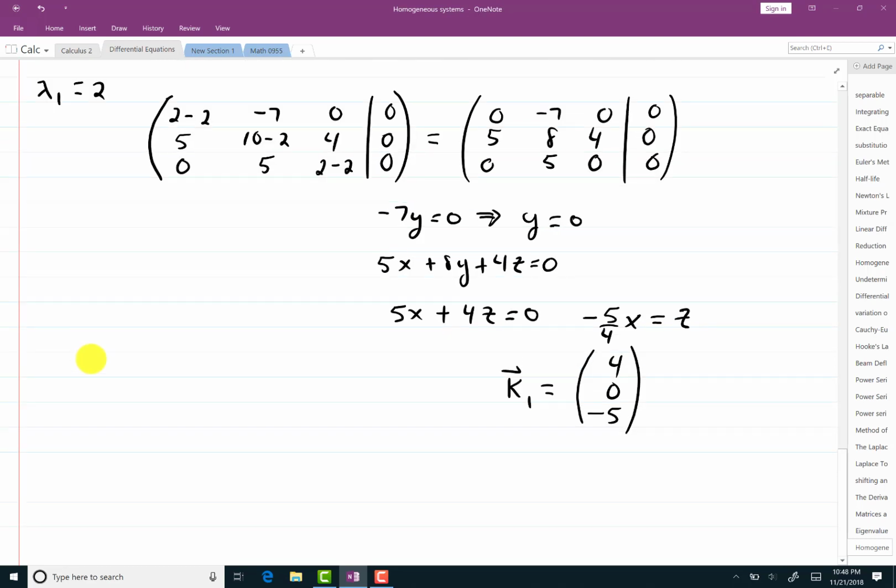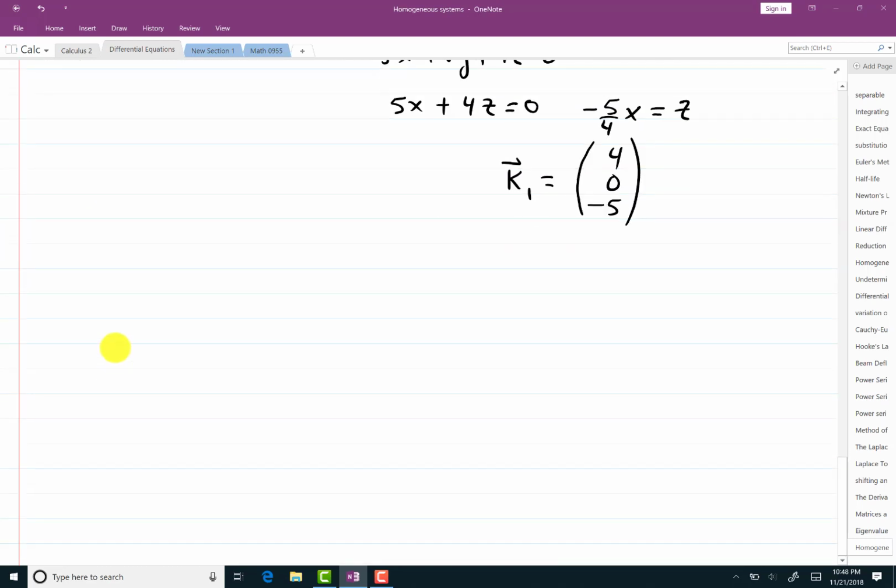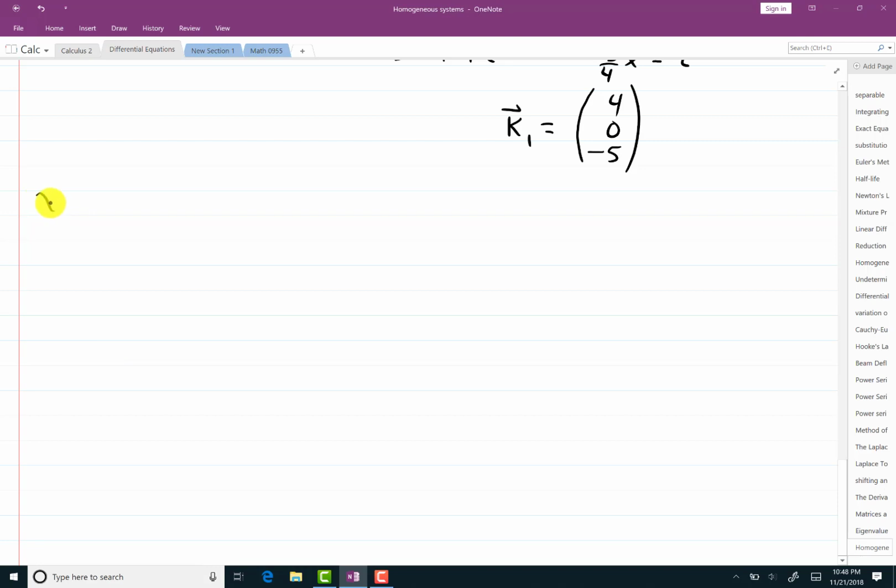Now what were my other eigenvalues? 5 and 7. Let's move on to lambda 2 equals 5. This time my matrix will be 2 minus 5, negative 7, 0, 5, 10 minus 5, 4, 0, 5, 2 minus 5.